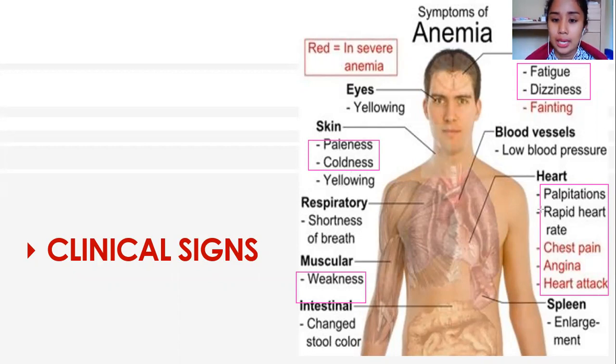And then low blood pressure, and jaundice, which can be from hemolytic anemia if there is excessive breakdown, or premature lysis, of your red blood cells.